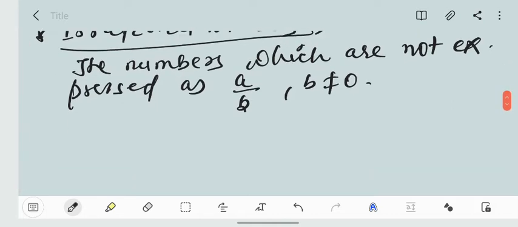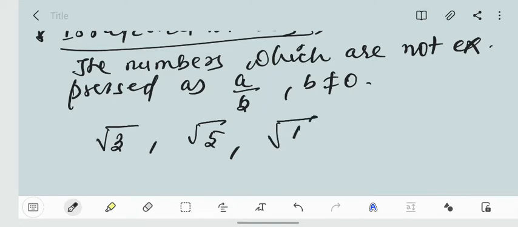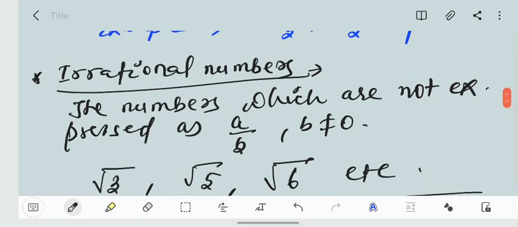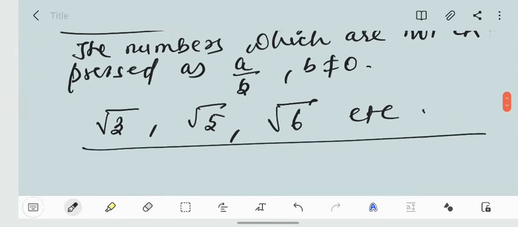Alright. So in irrational numbers, not in the form of A by B. So all non-perfect square root numbers, root 3, root 5, root 6, etc. they are irrational numbers. Okay.